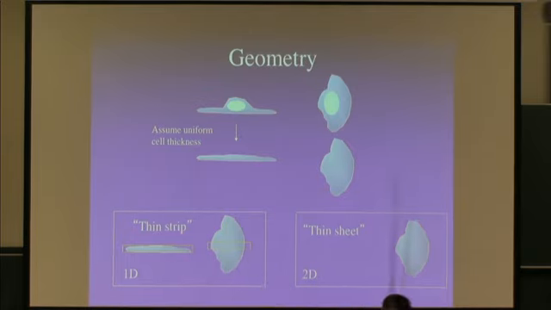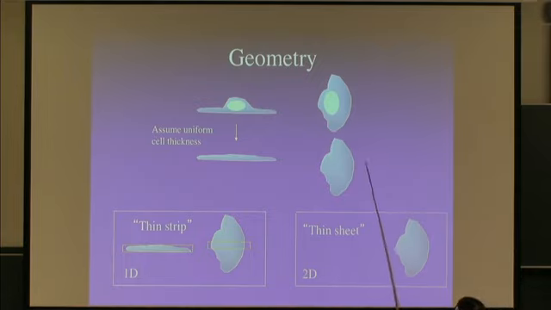So you'll see a variety of geometries in what I talk about today, and they'll either be 1D, which means I'm looking front to back, right? So one end of the domain is the rear and one end is the front. And of course, I'm getting rid of the cell body. I'm assuming the cell has uniform thickness as though it's a fragment of, let's say, a keratocyte.